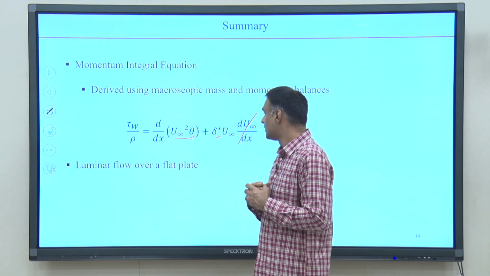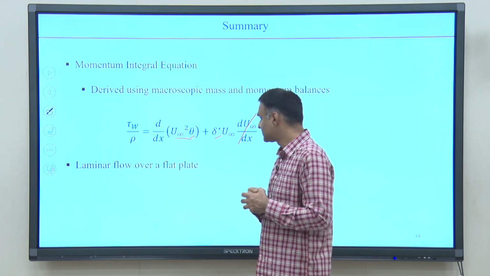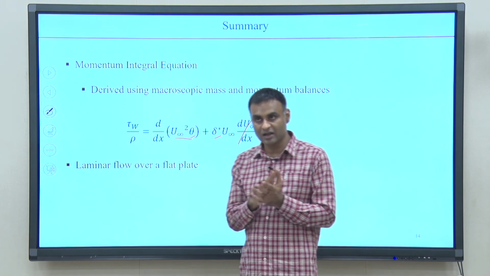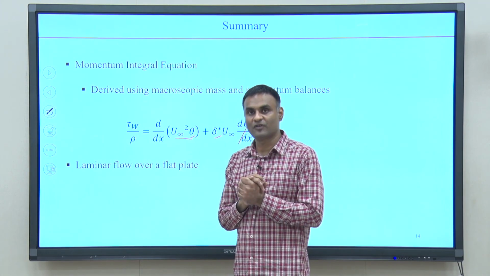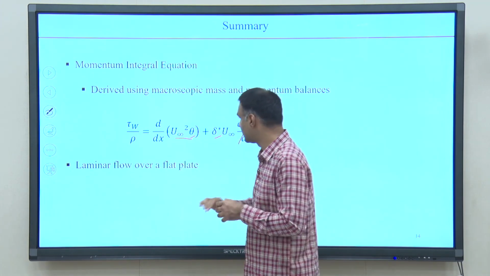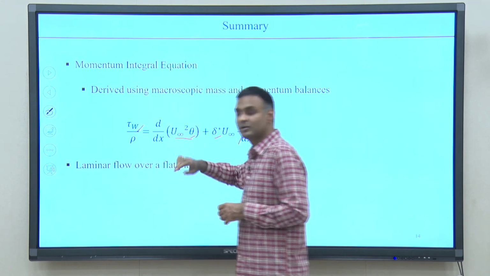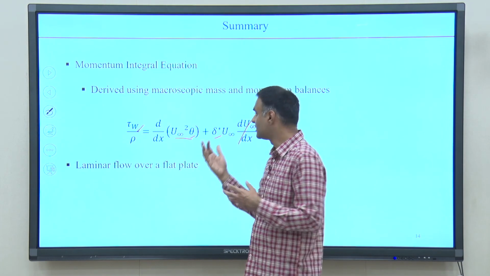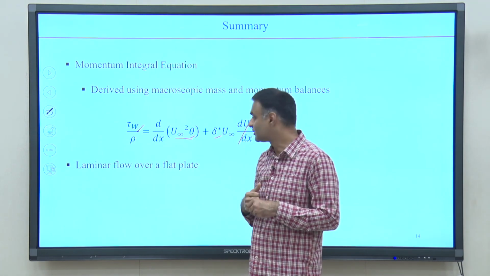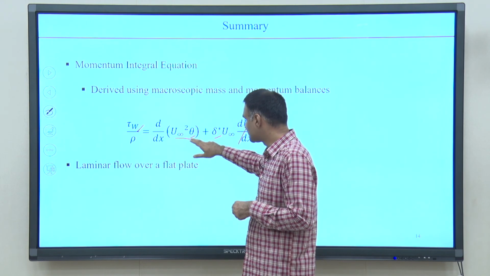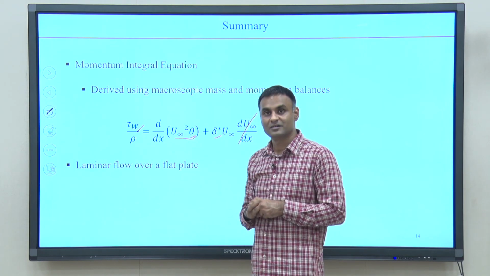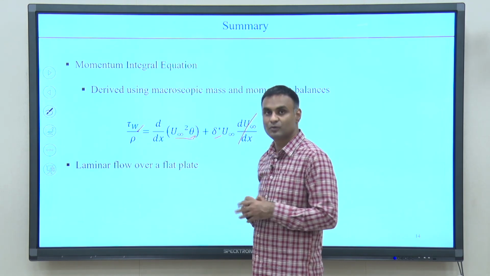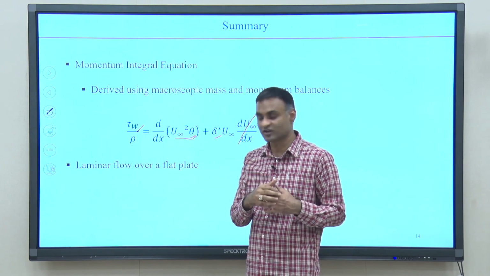Once we obtained the constants, we could get a velocity profile, and from this velocity profile we could also calculate tau w, which is mu multiplied by du by dy at y equal to 0, and using the velocity profile we also could obtain theta in terms of both tau w and delta.